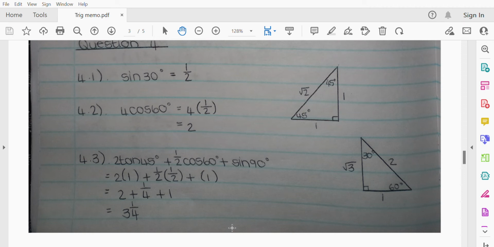Ek kan gou vir julle wys, maar moenie dat ek jou uitvreet as jy 'n sin grafiek lyk so. Nee? En hierdie punt is waar dit gaan 90 grade wees. As jy nou kyk koördinaatvorm. Jou x-waarde gaan 90 wees en jou y-waarde gaan wees 1.